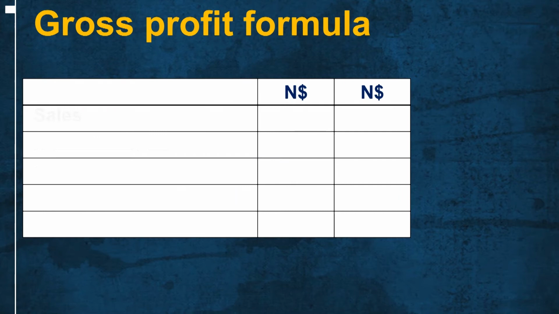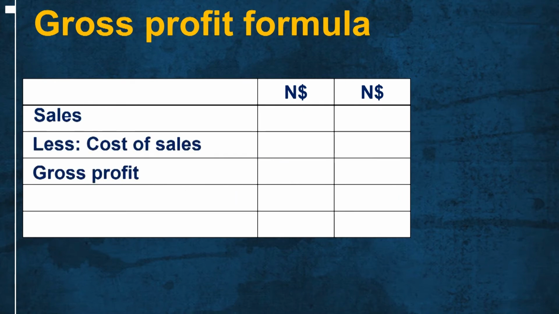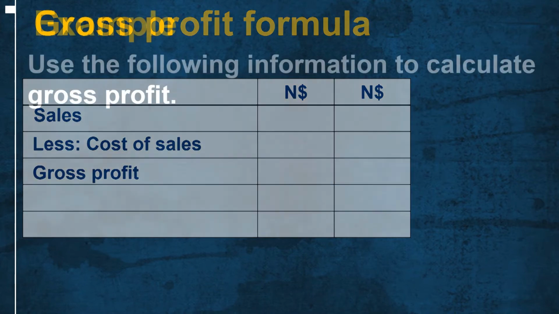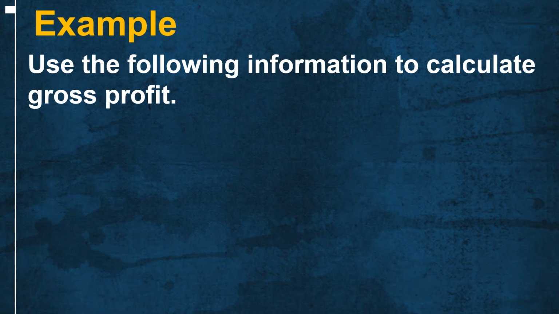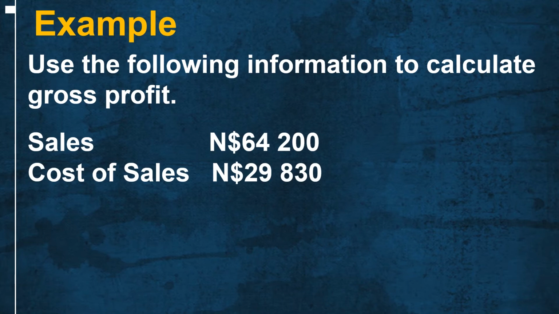To calculate gross profit, we'll take sales less cost of sales. Example, let us use the following information to calculate gross profit. Sales, 64,200 Namibian dollars. Cost of sales, 29,830 Namibian dollars.